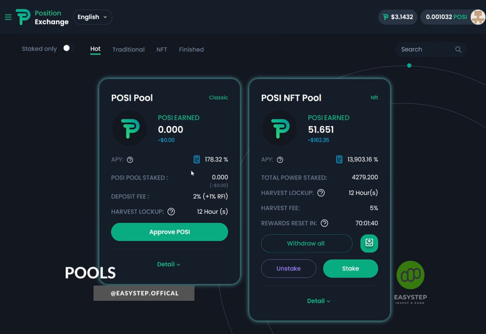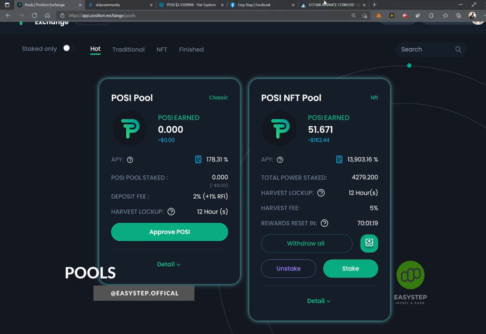But people may want to get into this stake here because of the RFI reflection reward that you can receive. And this RFI is a reflective reward for everyone that holds the POSI token. So you don't have to stake. As long as you hold POSI in your wallet, you don't have to do anything with it.